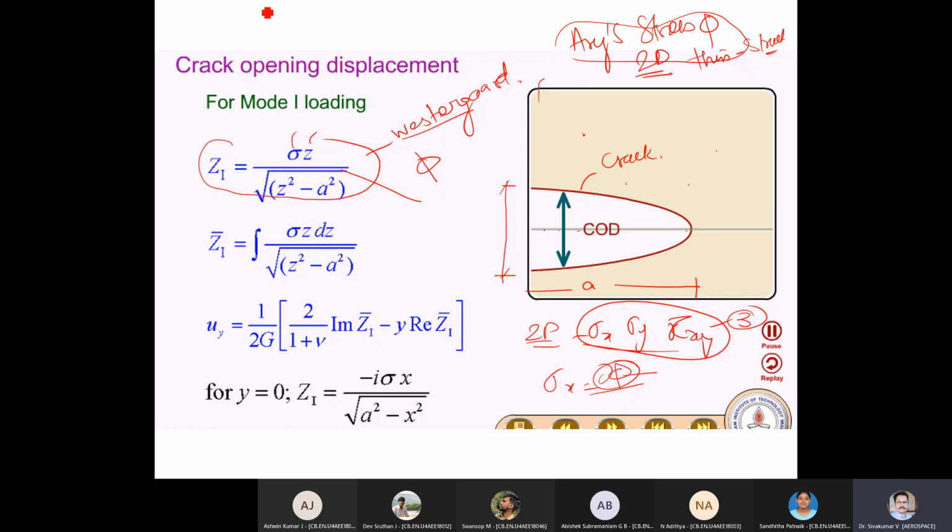As you know very well, when there is a suffix 1, it is pertinent to mode 1. In the similar procedure, in the Westergaard solution procedure, they have given the solution for uy. What is uy? uy is the displacement.